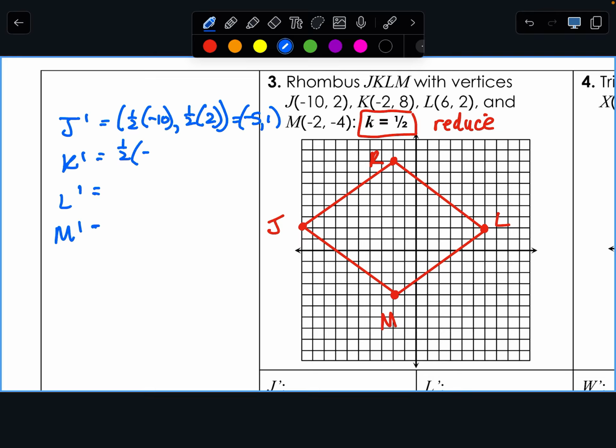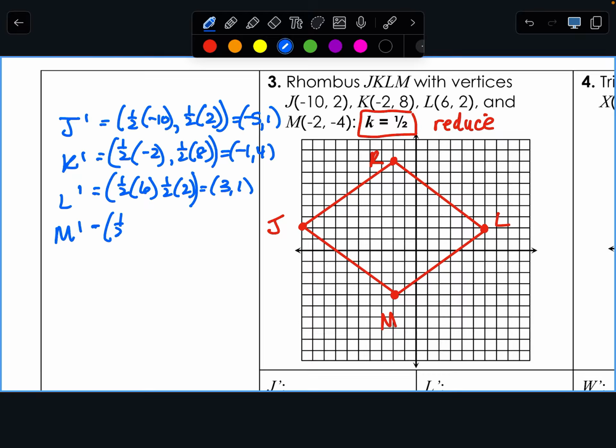Half of negative 2, half of 8, that's negative 1, 4. Half of 6, half of 2, that's 3, 1. Half of negative 2, half of negative 4, that's negative 1, negative 2.